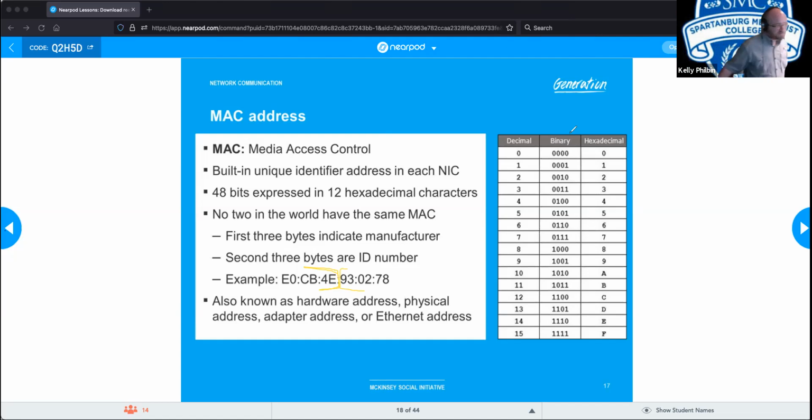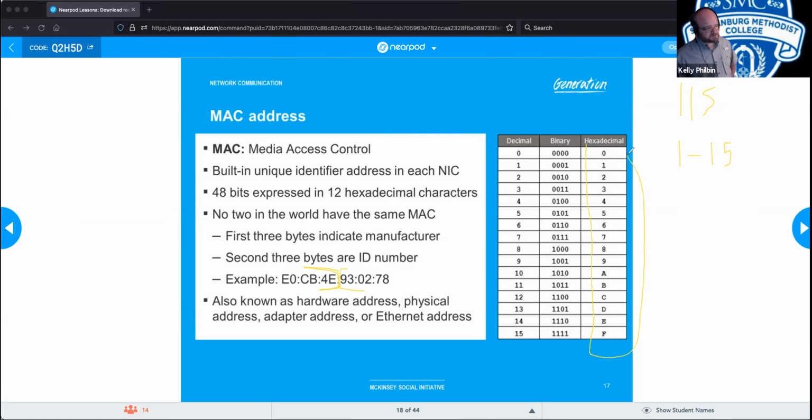But how do you tell the difference between 1, 15 and 115? If you're doing shorthand notation, how do you tell the difference between those two? To clear up the confusion, we go to hexadecimals.